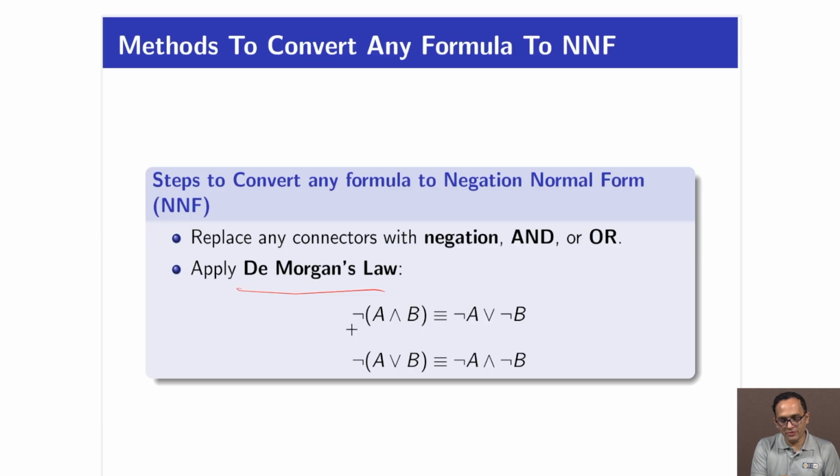It's basically, if you are taking a negation of this, how this formula will distribute, right. So this will be converted into this. It's basically not A, this will convert into OR, and not B, and similarly if the OR is inside, the negation will make it AND and this negation will come with every atom, right. So this is the very well known De Morgan's law.